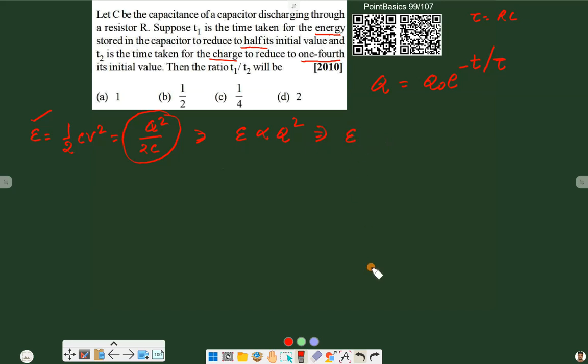So from this we can say that E naught, that is the maximum energy, because energy reduces to half, should be proportional to the maximum charge, or Q naught square.